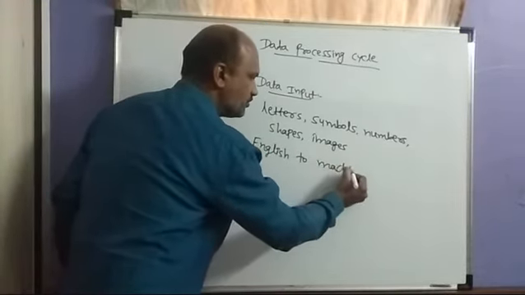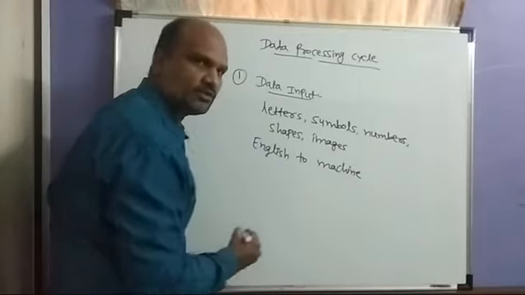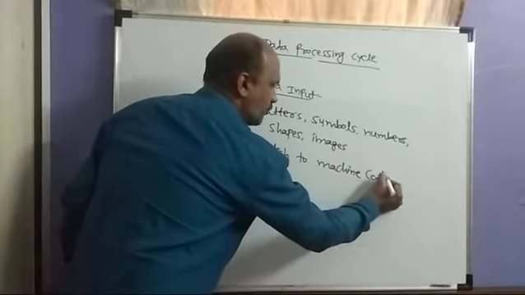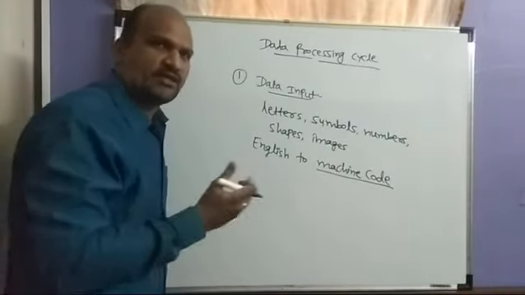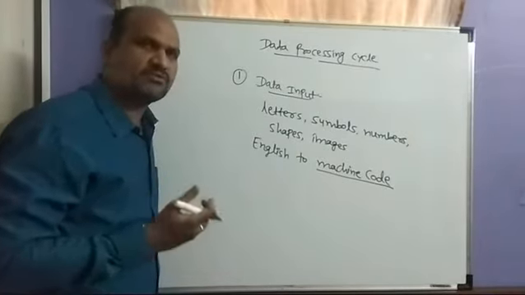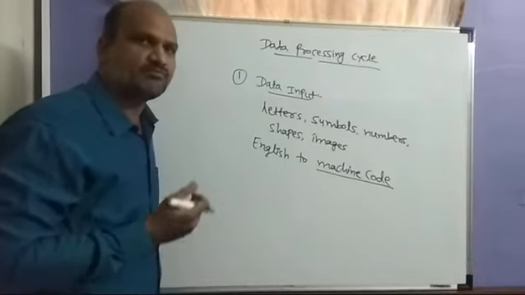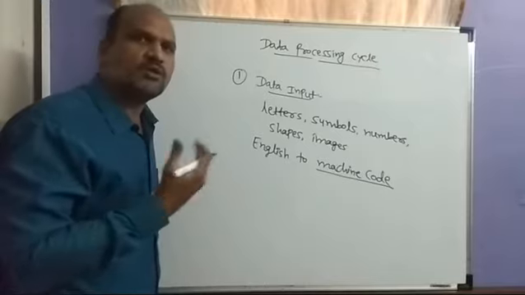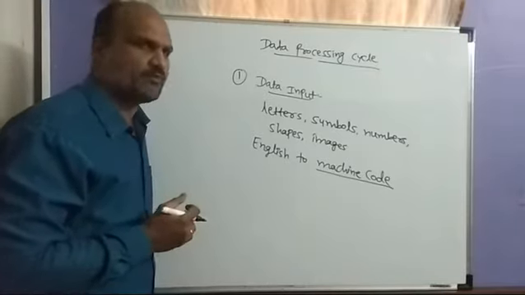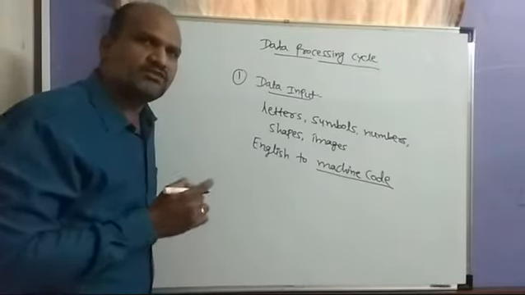As you know, the computer will understand only machine language, that is 0 and 1. So whatever letters, symbols, numbers, shapes, or images you enter in English should be converted into machine code by your input device. That is the first one, data input.